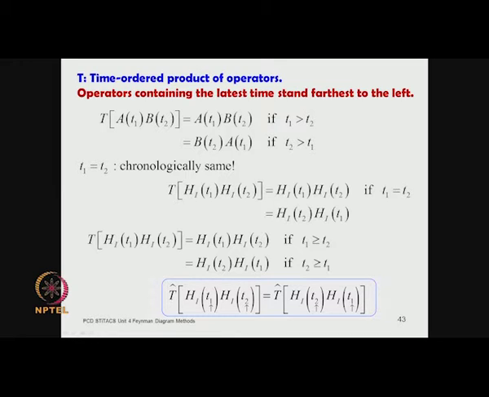But this operator T, the chronological operator, ensures that whichever is latest is going to stand to the left. So, it really does not matter if I write this as how it is written on the left hand side or how it is written on the right hand side, because the T operator ensures the equivalence of the two. It is going to guarantee that whatever is the latest operator will stand to the left.